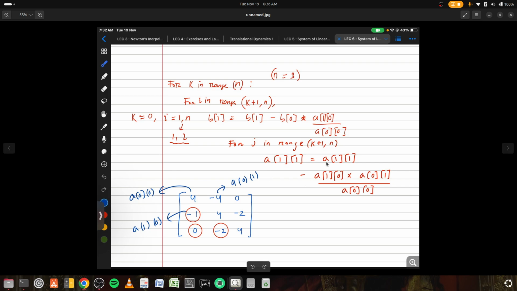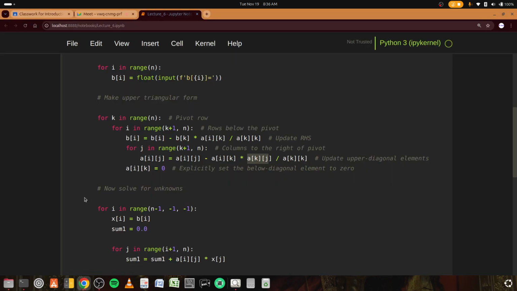Yes, so that is how it works. Here A11 will be A11 minus this quantity for the first iteration of this entire block of code, and that will be the result. So this is how you get the upper triangular form.